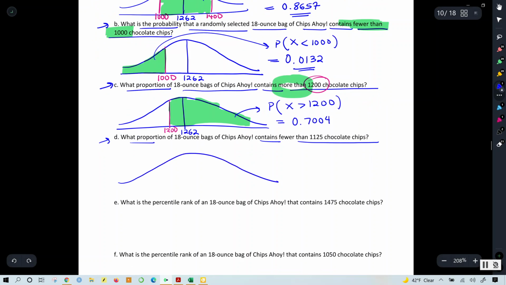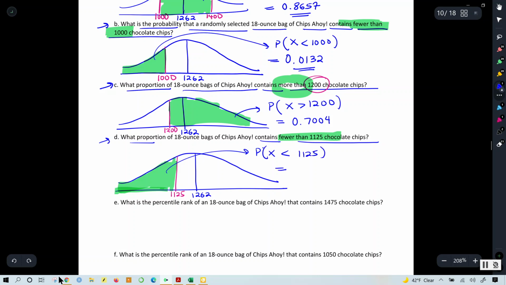Then for the next question D, what proportion contains fewer than 1125 chocolate chips? So I'll draw my normal distribution, locate 1262, and I want 1125. So this is 1125 here. And I want the region fewer than, so that would be the region to the left, less than 1125. So that would be the probability of x less than 1125.